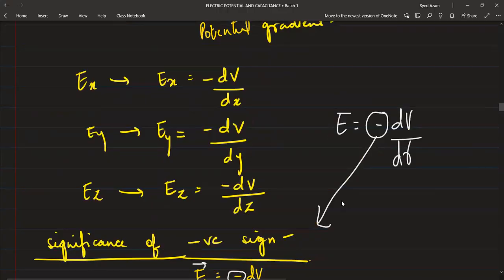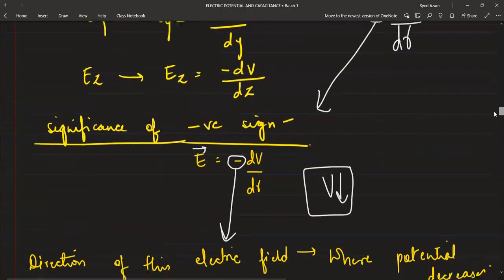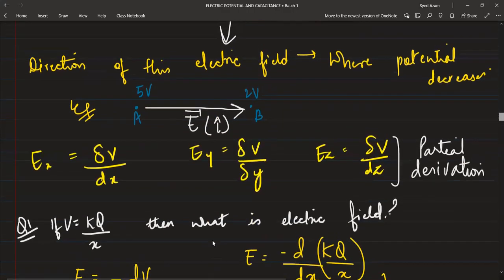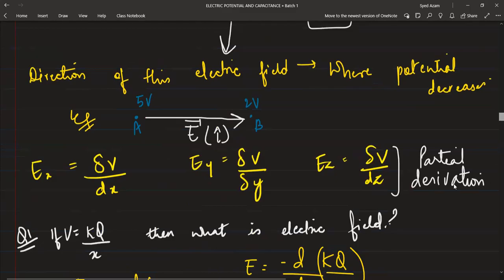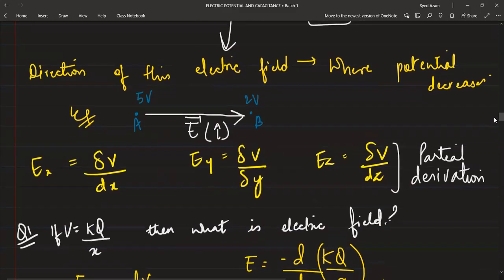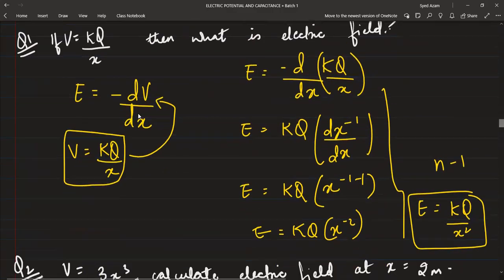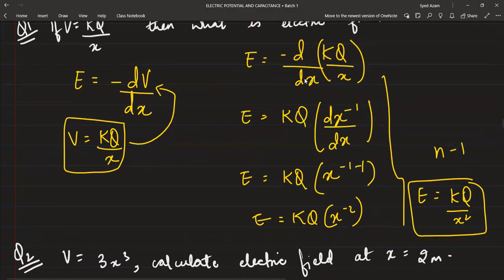Now, these are the partial derivations. More than this is important. If V is equal to KQ by X, what is the electric field? Just differentiate KQ by X. When you differentiate dV over dx, KQ will be taken out.